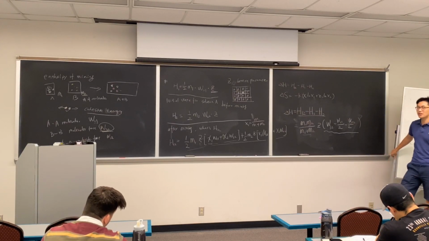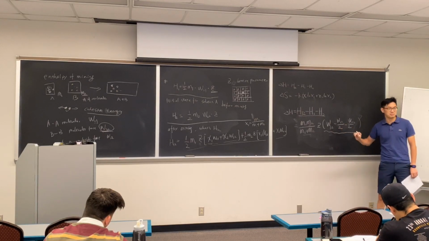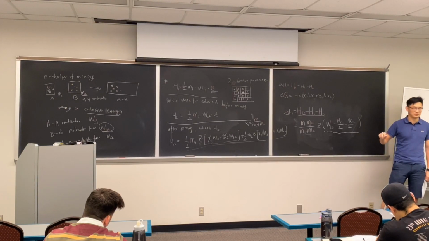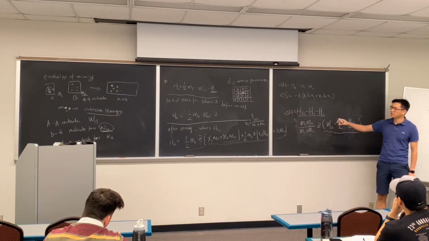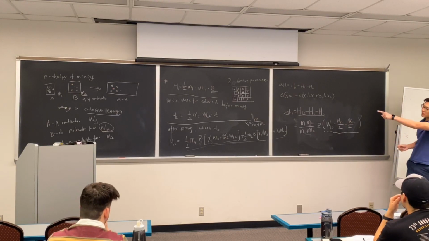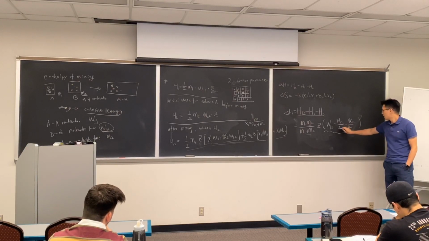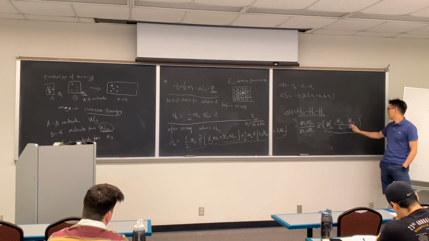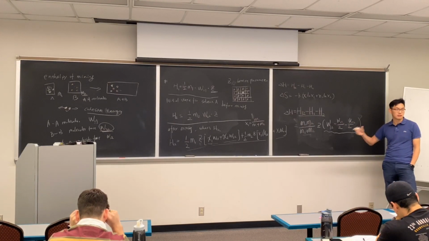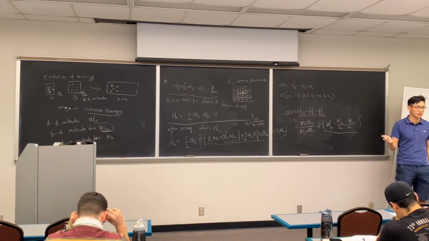The change in the enthalpy strongly depends on the molecular interaction W12. The cohesive energy between molecule A and molecule B, minus half of W11 and half of W22. So it's basically the average of A and B before the mixing.